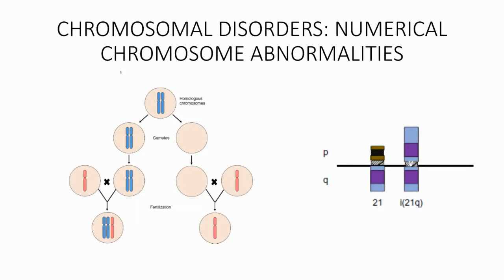One example would be the abnormality in which the chromosome number is an exact multiple of the haploid number and is larger than the diploid number. We call it polyploid. And polyploidy arises from the fertilization of an egg by two sperm, or the failure in one of the divisions of either the egg or the sperm, so that a diploid gamete is produced.